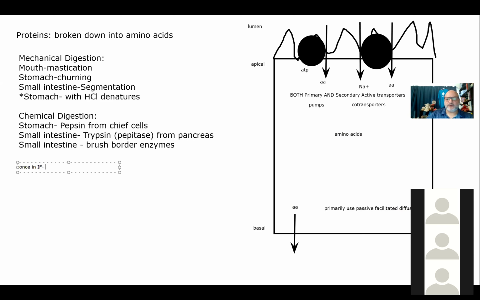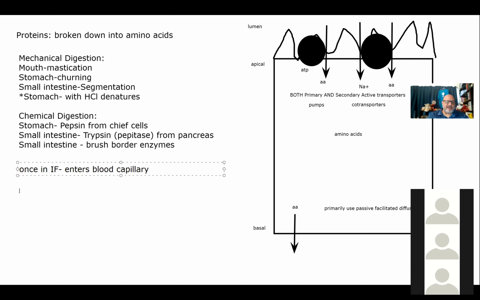where does it go into? Which of our two types of capillaries, lymphatic capillary or blood capillary? Blood. Excellent. It enters a blood capillary. Let's make that a little bigger. Excellent.